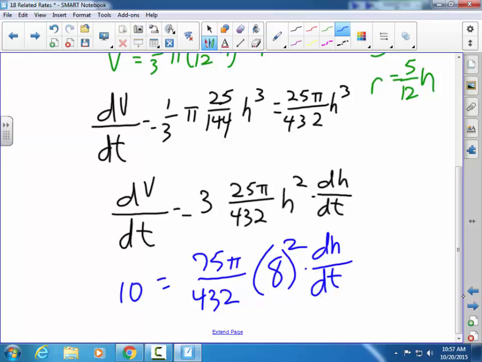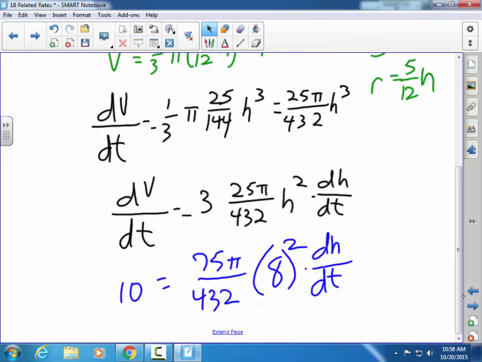When you did this down, you could have done that because 3 will go into both of those things. You could have simplified that more. Does everybody understand what she's saying there? If I had just left this 1/3 when I took the derivative, I would have wound up with just 25 pi over 144 here instead of that 3 times that. So you are correct. That would be simpler mathematics to work with.